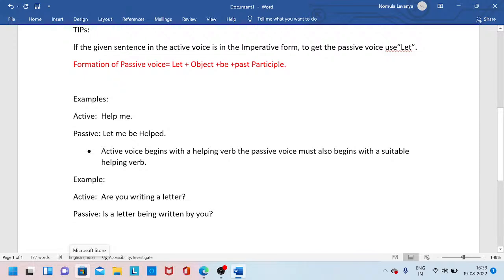And one more thing. When used in passive form, gerund and infinitive are formed differently.